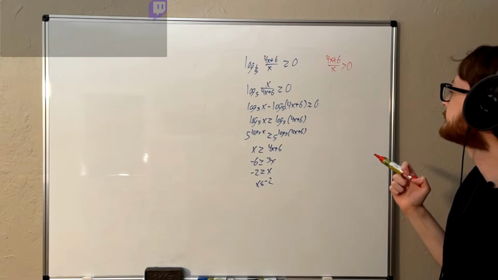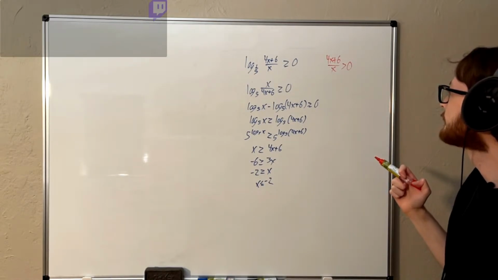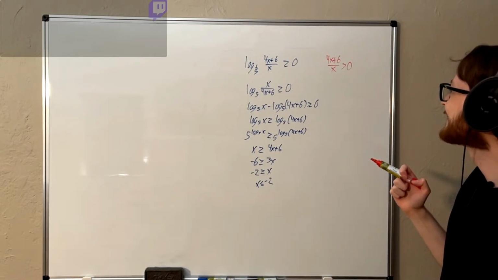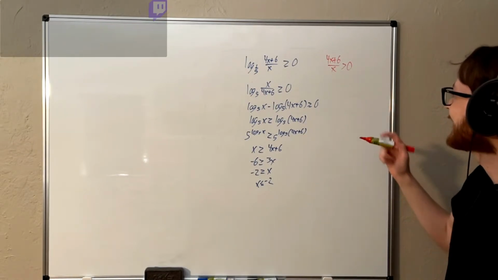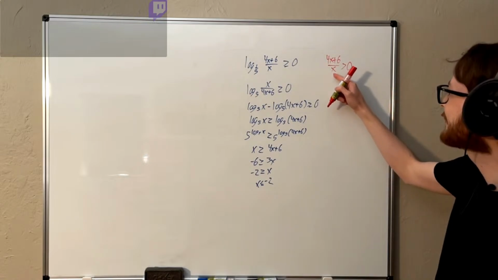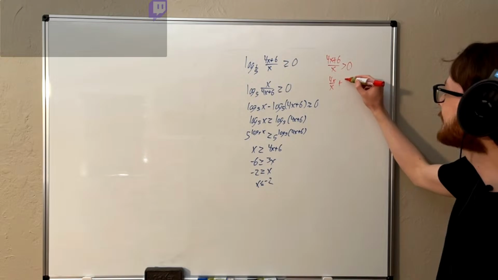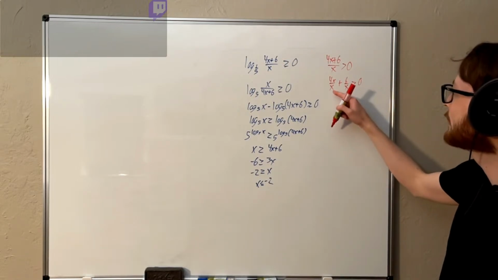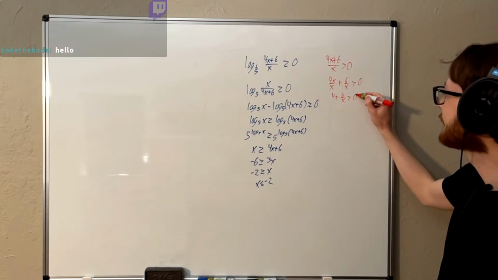And how does that work? This is a weird situation with logs, or with inequalities, rather. I think what we want to do is split this up into two fractions based on the numerator to get 4x over x plus 6 over x greater than 0. We already don't want x to be equal to 0, so we're allowed to cancel these. 4 plus 6 over x greater than 0.